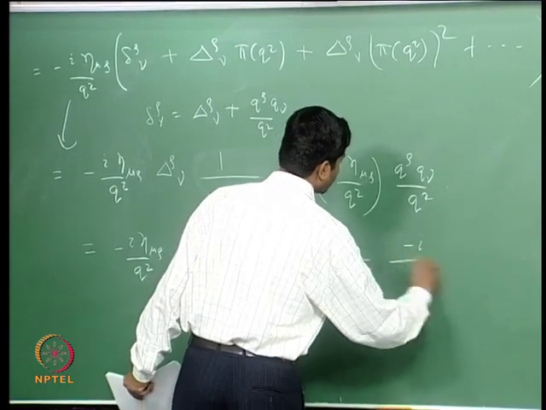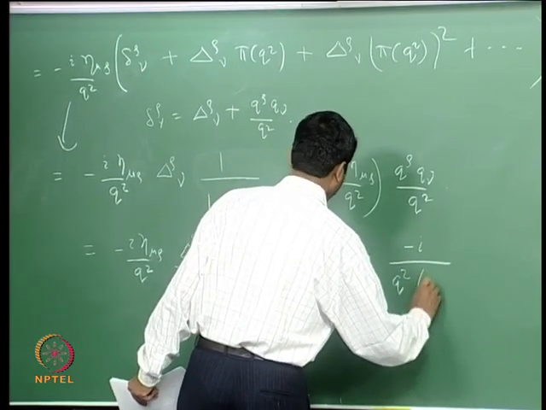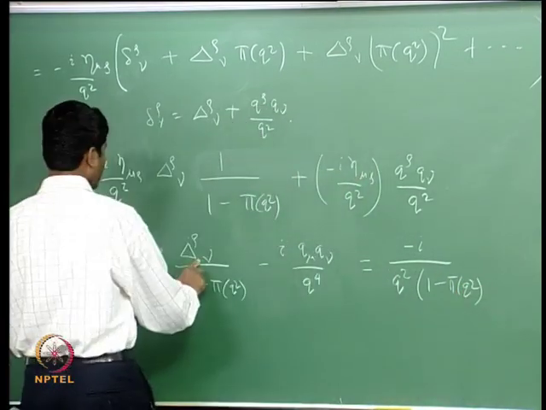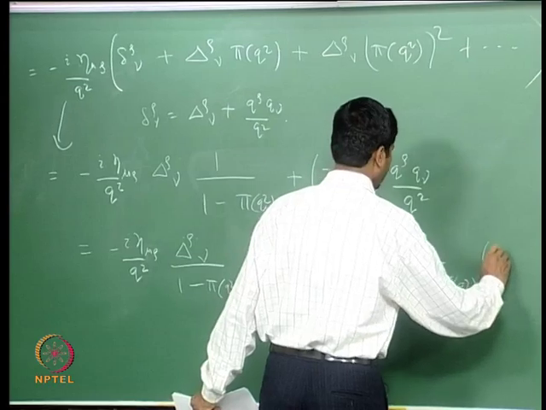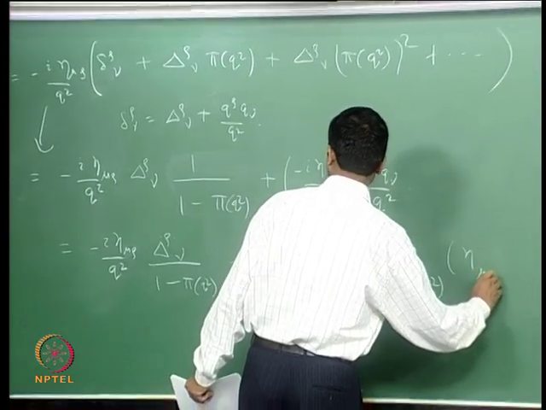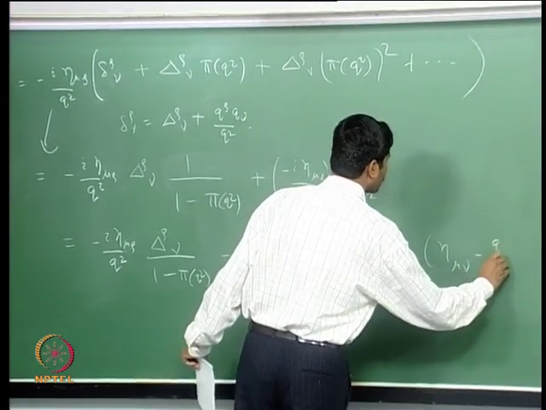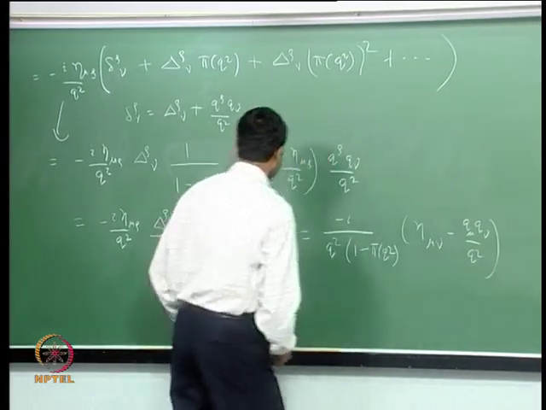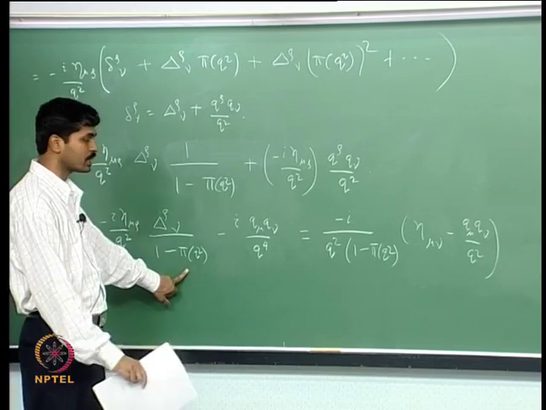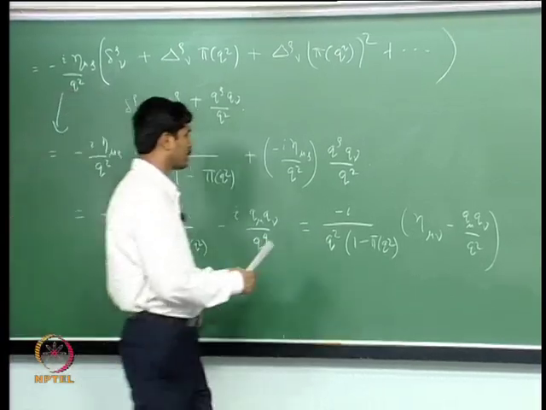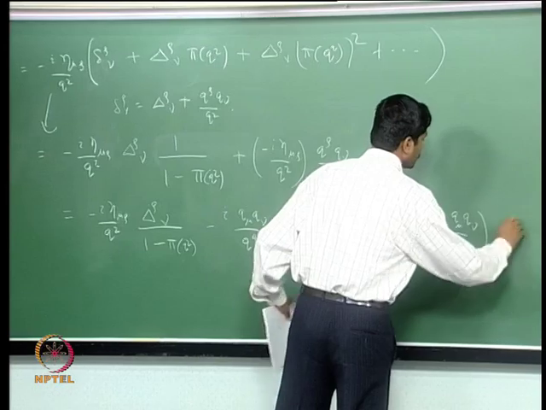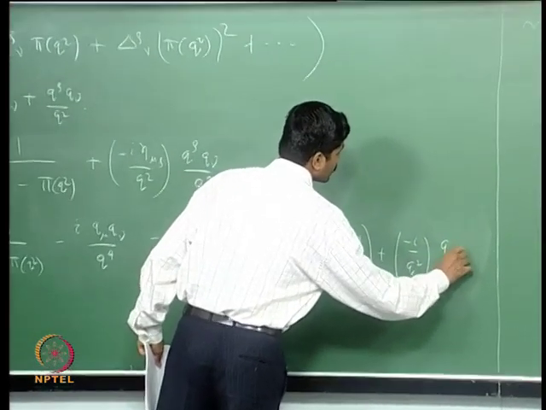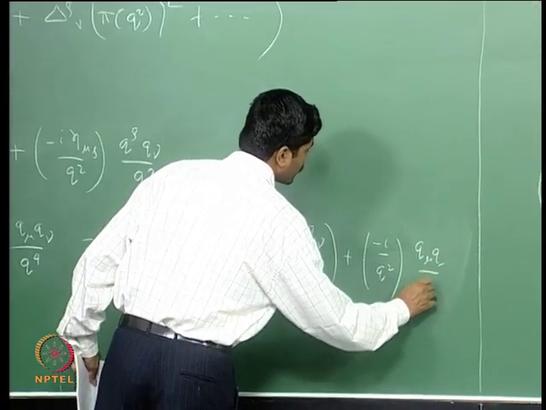So, minus I divided by q square 1 minus pi of q square times this is merely given by eta mu nu minus q mu q nu divided by q square. That is the first term, and the second term is simply given by plus minus I over q square q mu q nu divided by q square.